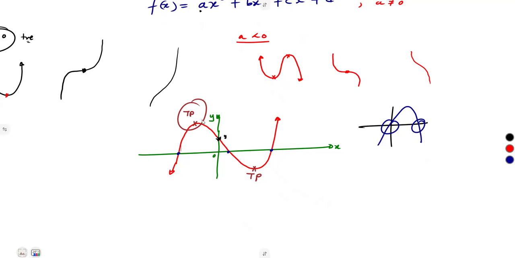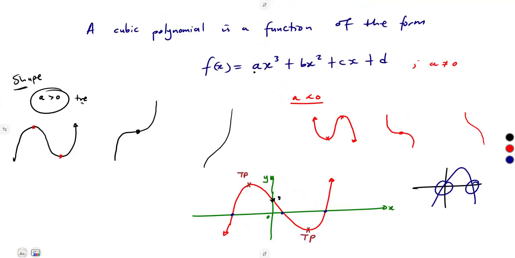From the turning point here like this, the graph is what? Decreasing, going down. From that, it is going up. The turning point can actually help us to consider whether from that point the graph is increasing or not.